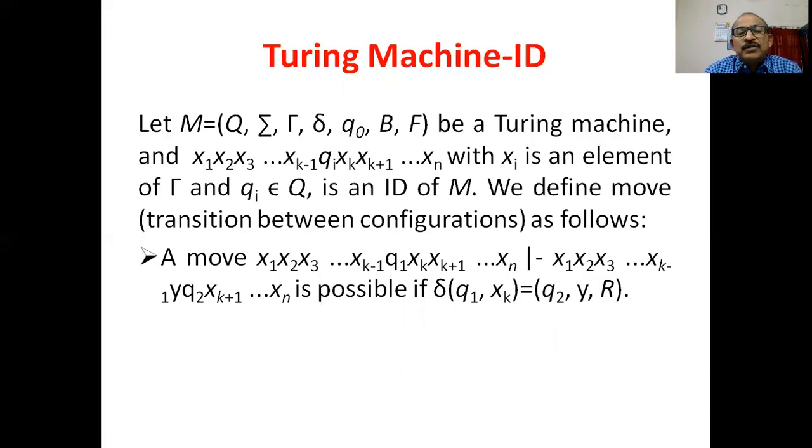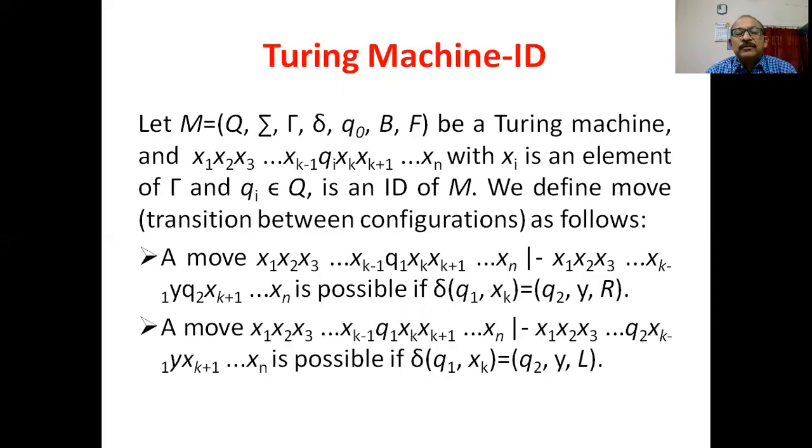Now suppose the transition function is this: machine in state q1 reads xk, moves to the state q2, replaces this xk by y, and here L represents the left direction, so the tape head moves left. Now the machine goes to state q2 and moves left, so the symbol under the tape head will be xk minus 1 and the state is q2.